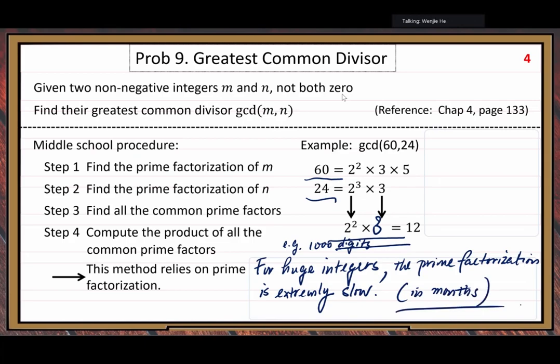How slow it is. You can use the fastest possible, and there are several relatively fast ones, but still not fast enough. For such prime factorization, it is extremely slow.